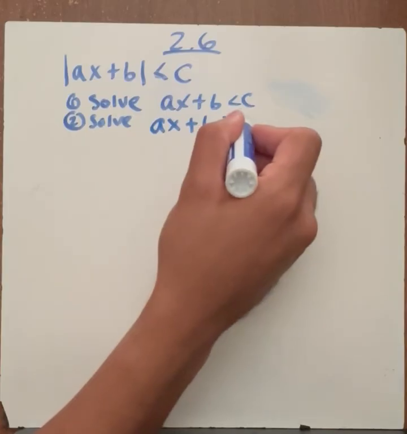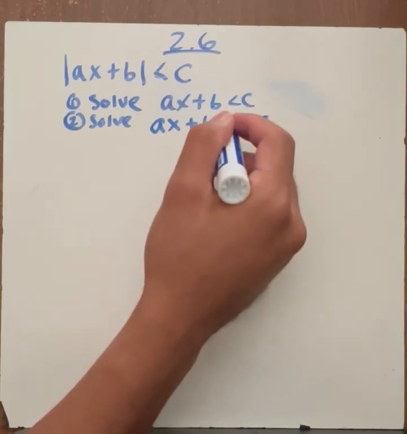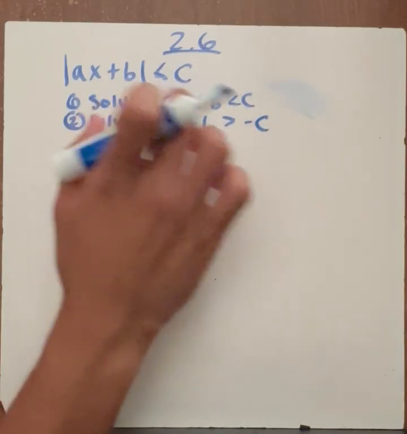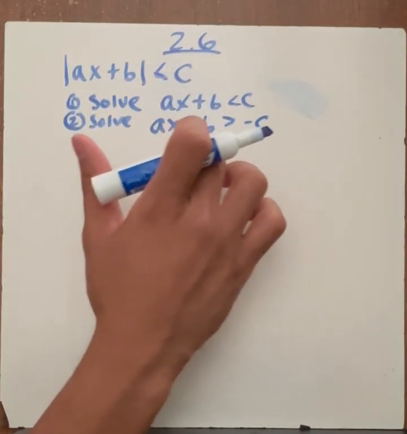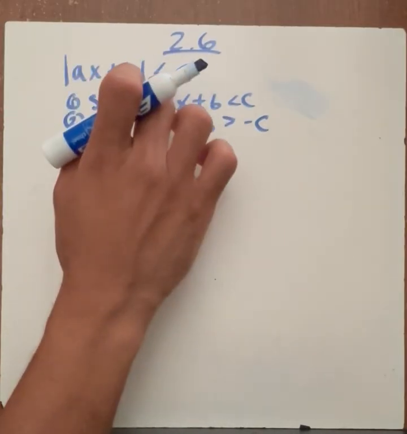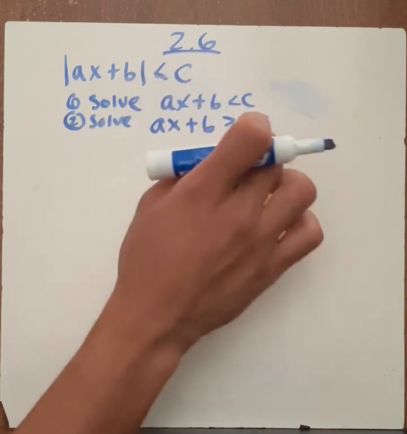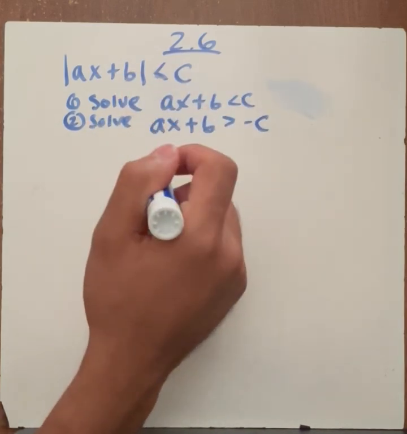Flip the sign and flip the number. Okay, so greater than negative c. So one of the equations is going to look the exact same as what we have from the original equation. And then the other equation that we have to solve, we have to flip the sign and flip the number. So change the sign of the number. And we'll take a look at a question like that.